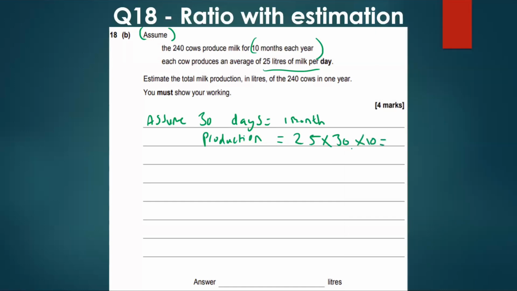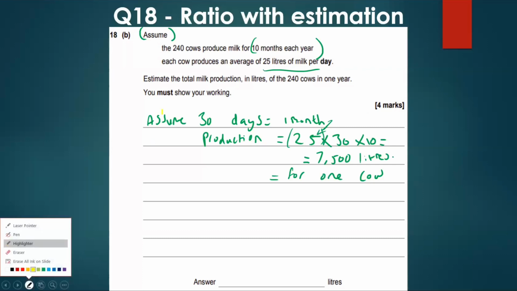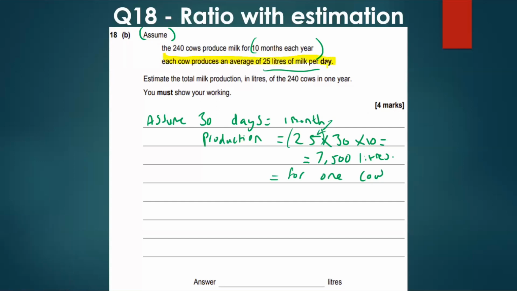So 7,500 is how much milk is produced in 10 months. But that 7,500 litres is for 1 cow. Remember, that is for 1 cow because I've done it by 25 litres of milk per day. If I was reading the question, have a look at the question that I've just read to you: each cow produces an average of 25 litres.